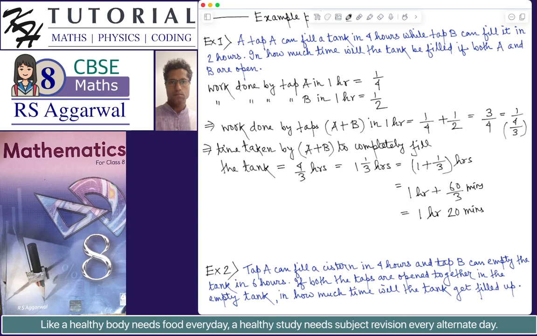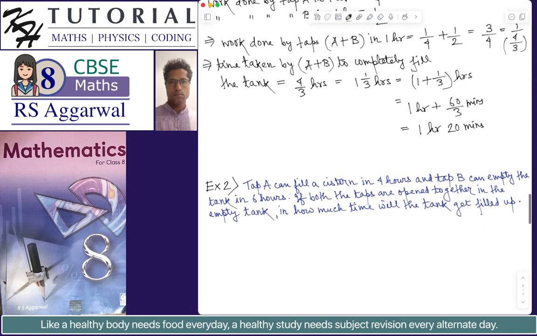In the book, it is given tap A fills the cistern in 8 hours and tap B fills in 4 hours. Anyway, the answer is 1 hour and 20 minutes. Now, if you see any kind of calculation mistakes in solving any problems, then please do let me know in the comment section. I will highly appreciate that.